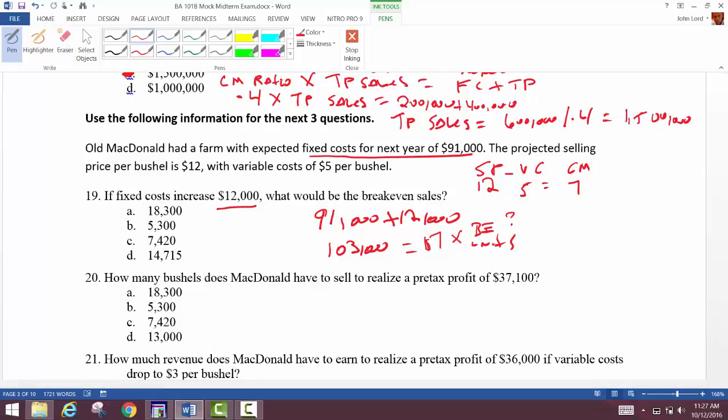So I take that 103,000 and divide it by 7, and that gives me this answer.